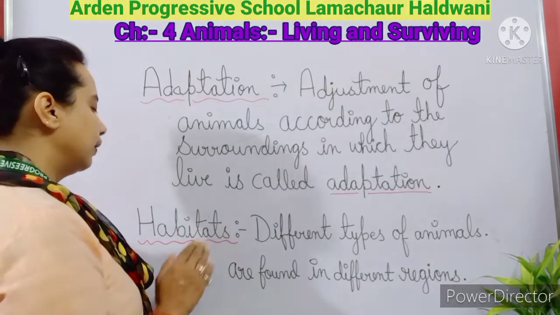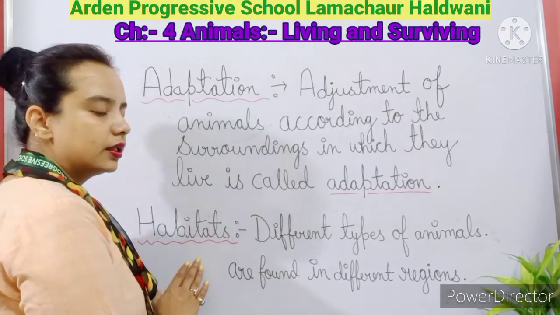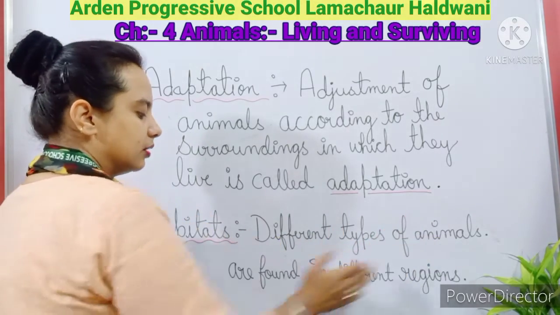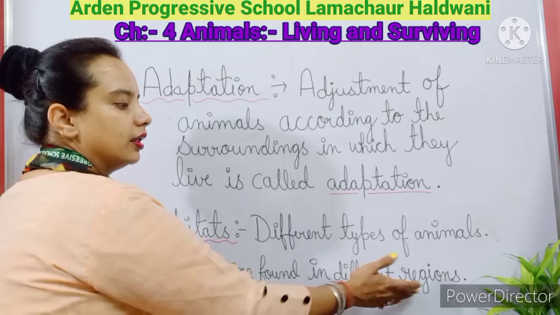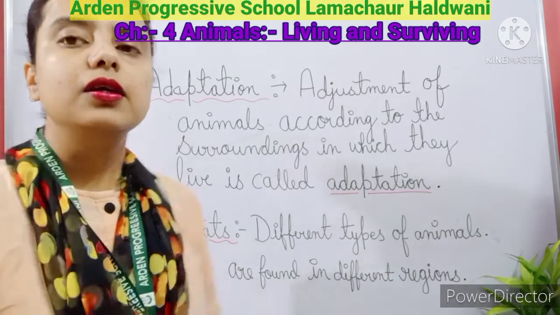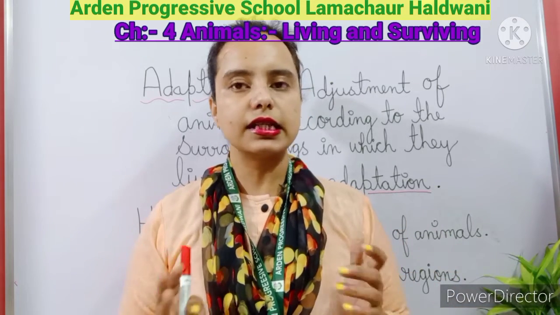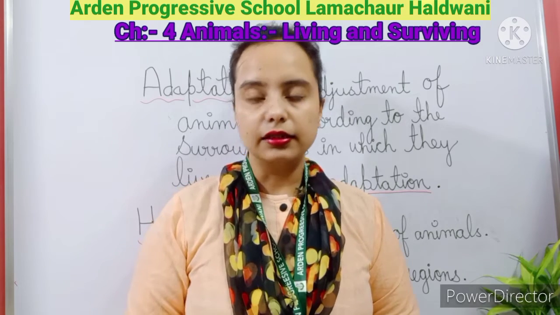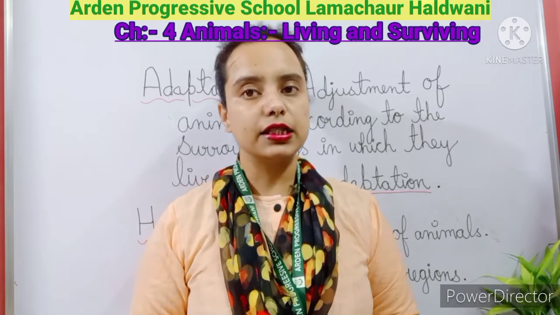Now next is habitats. Different types of animals are found in different regions, like plants. Some animals live on land, so those are terrestrial animals.